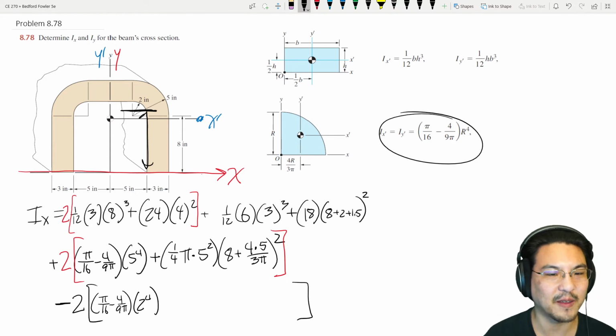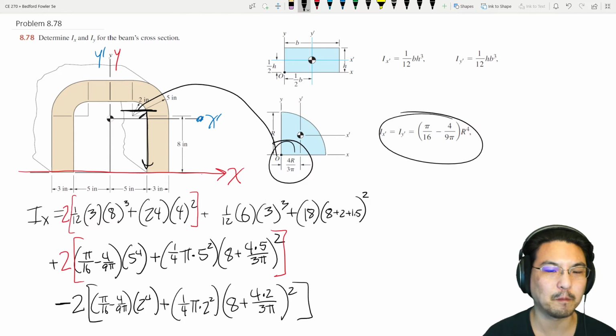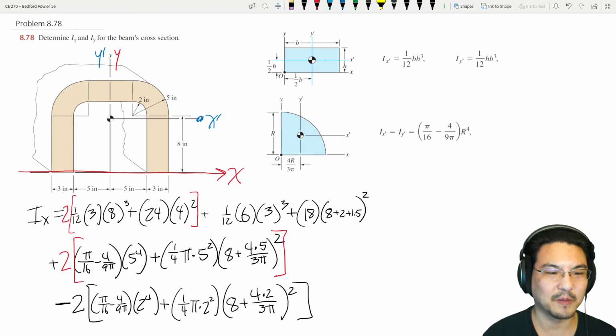Plus the area, a quarter of pi r squared, times this distance squared. How far is that? 8 plus 4r over 3 pi. Okay, so just punch all this in the calculator. And then that is Ix about this axis.